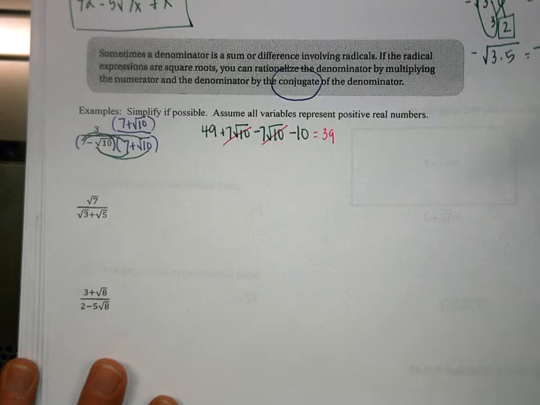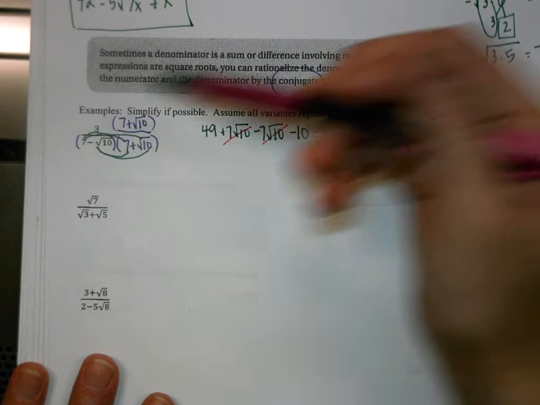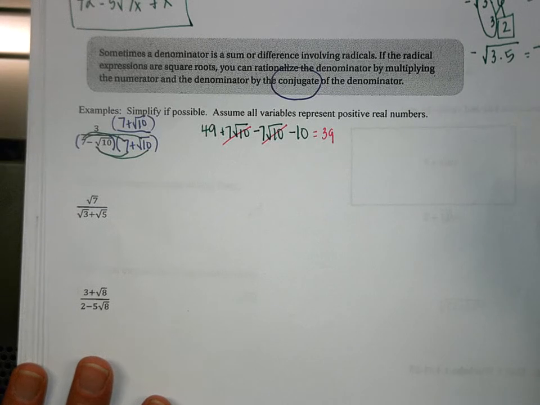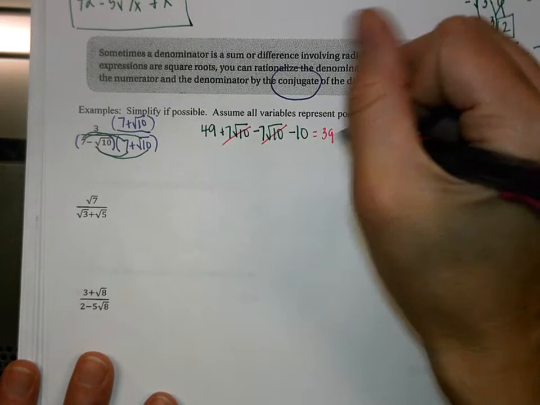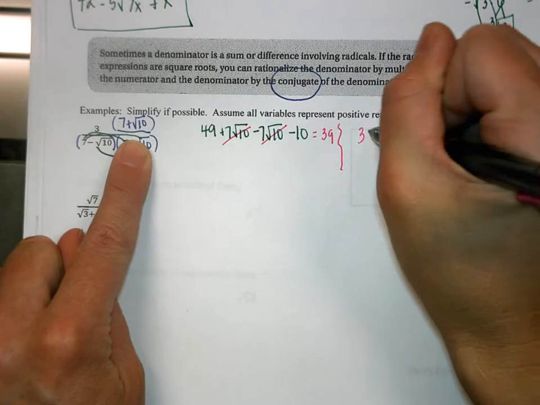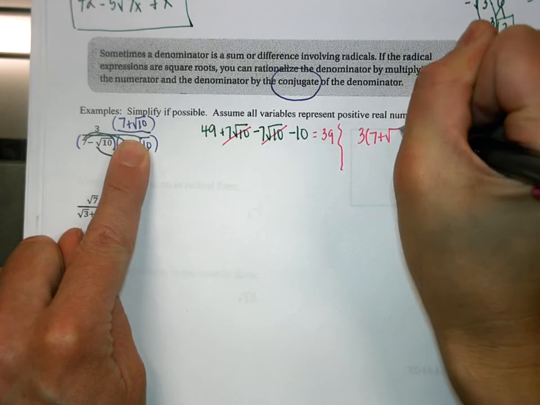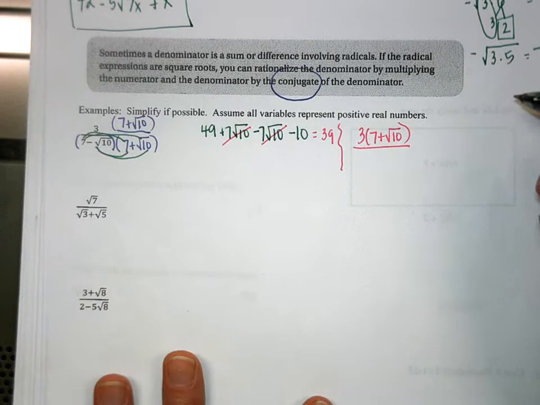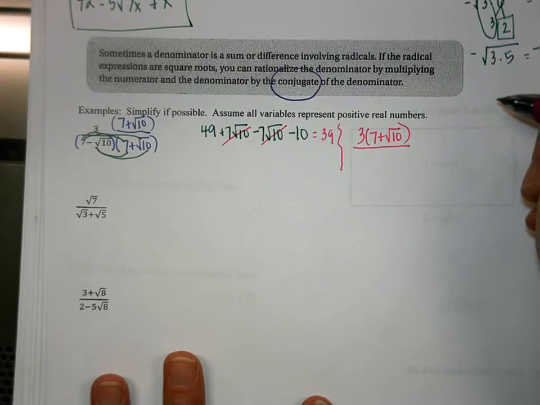Okay, now we also need to distribute the top. Or actually, I guess you don't have to. Maybe we shouldn't, and just see if we can reduce without distributing. So I'm going to rewrite this. Right now, for my numerator, I have 3 times 7 plus root 10. And then my denominator is what? 39.